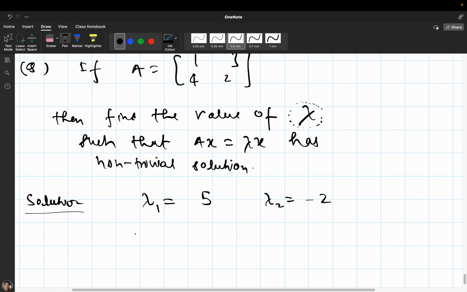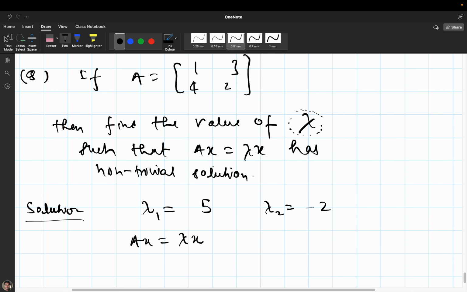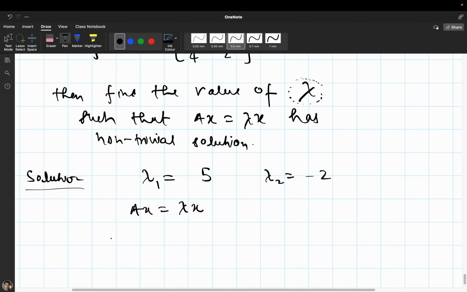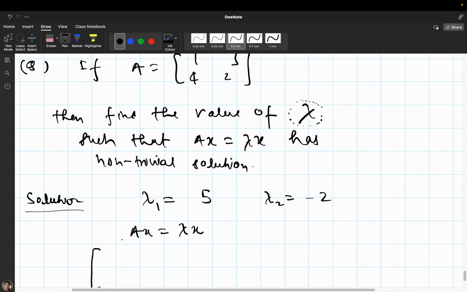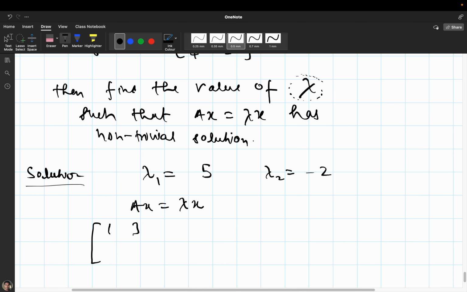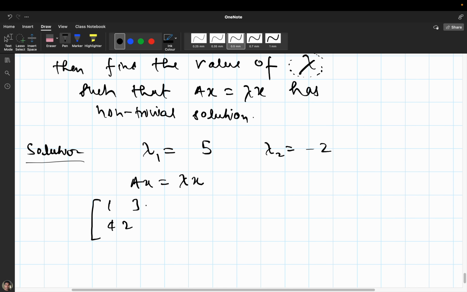So let's solve this. You have solved this type of question many times, I know that, but here the sentence has changed, so that's why you're getting some difficulties. So the matrix is 1 3 4 2. Let's take x as x1 and x2.